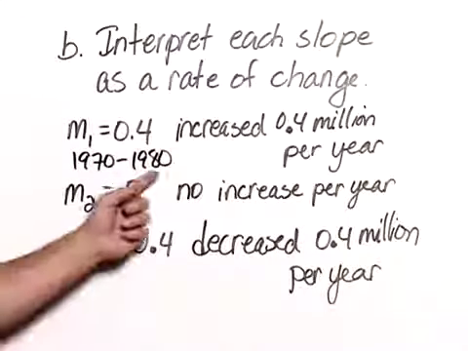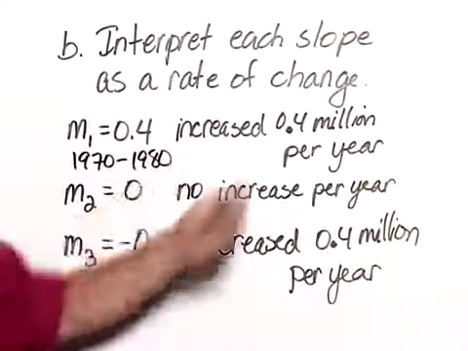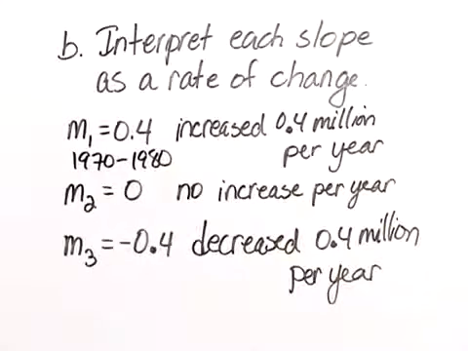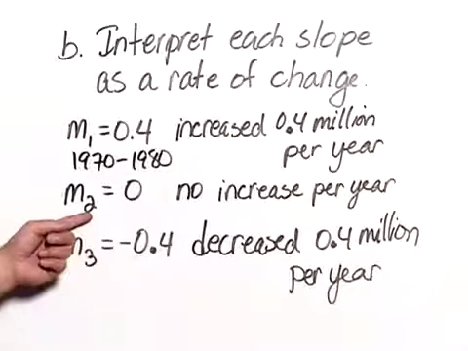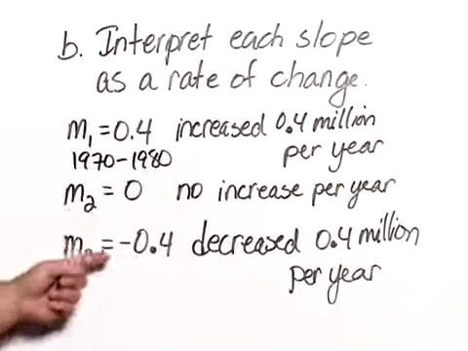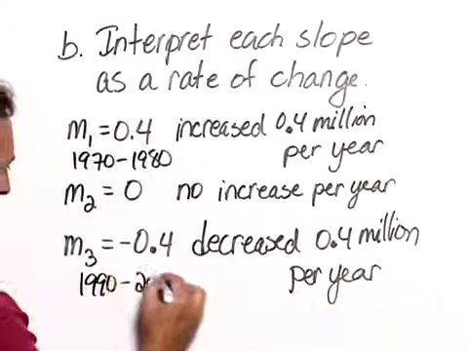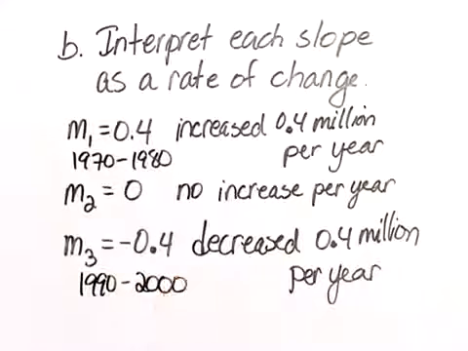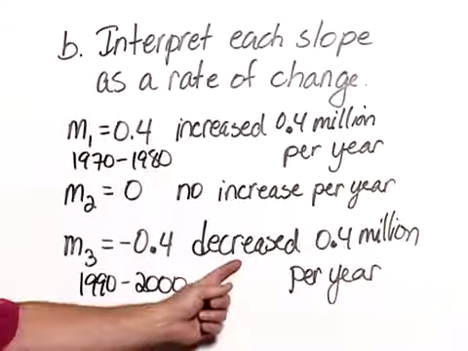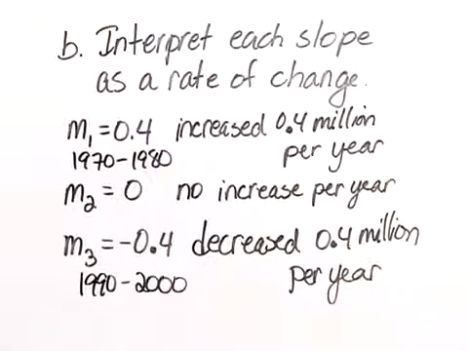So the average was an increase of 0.4 million welfare beneficiaries per year. This, of course, was from 1980 to 1990, and this one was 1990 to 2000, where on average, the number of welfare beneficiaries decreased 0.4 million per year.